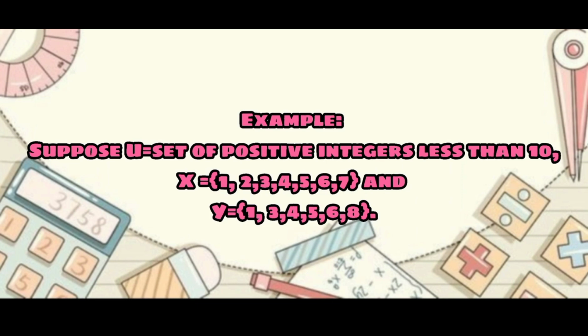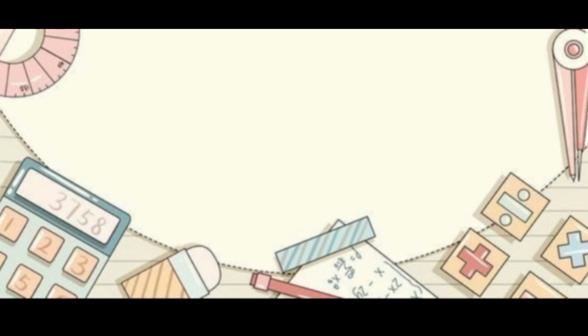Then draw a Venn diagram to illustrate (X ∩ Y)'. Then find (X ∩ Y)'.